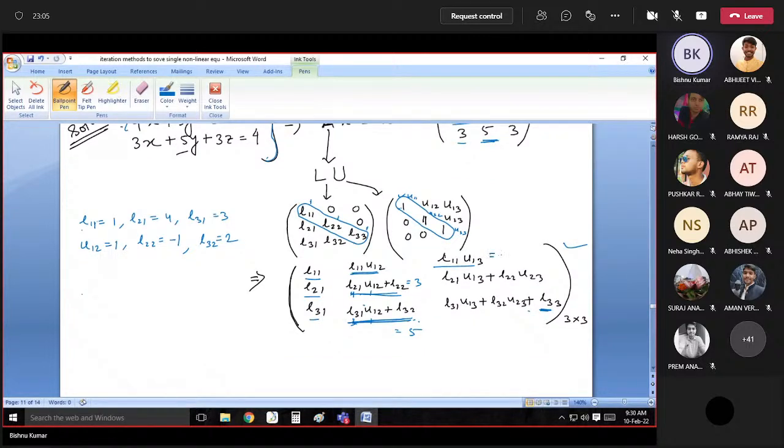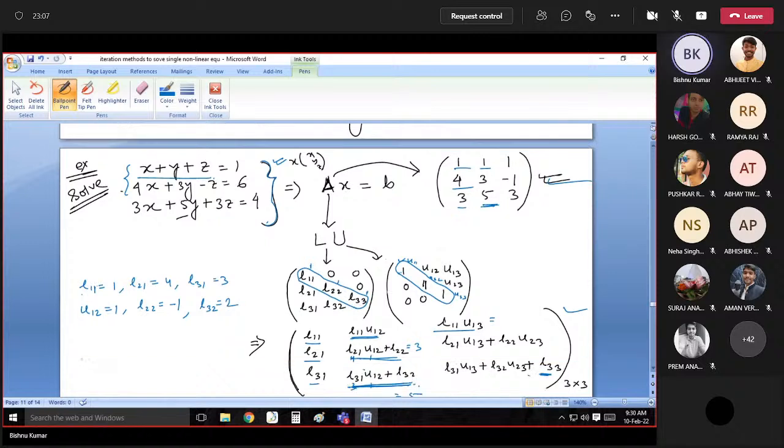Okay. This value is 1. 1, sir, 1. So U13 is L11, so that is also 1. Compare this along with the -1. So this -1, L21 you have already calculated, 4.